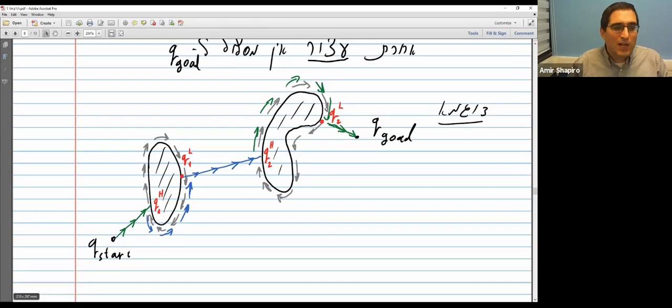So I start from the start position, and there is the goal position. I go towards the goal along a path. When I hit an obstacle, I go all the way around the obstacle until I finish a complete circle.